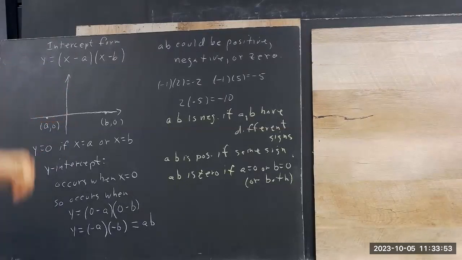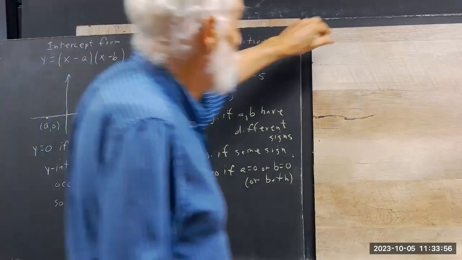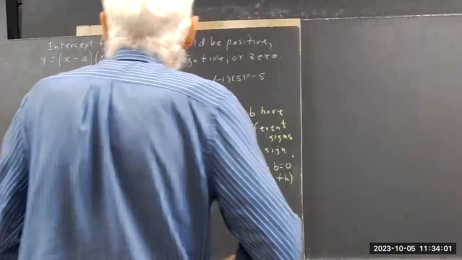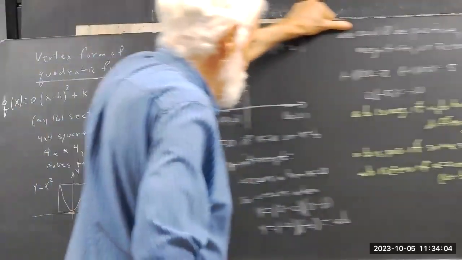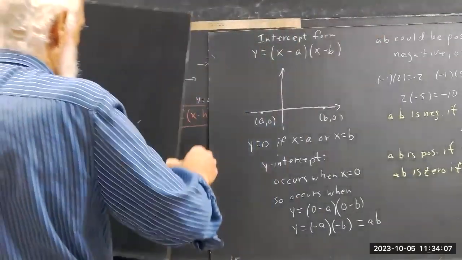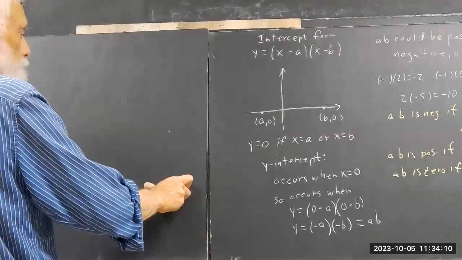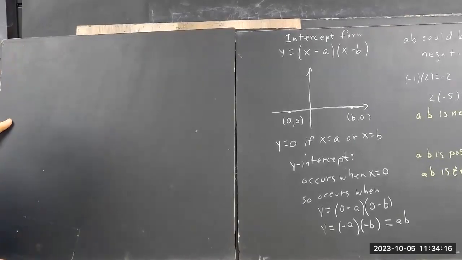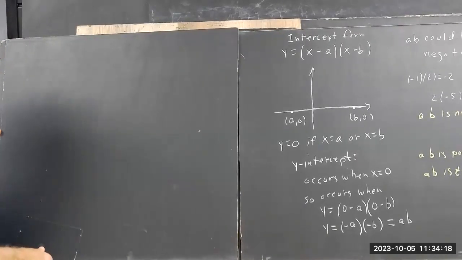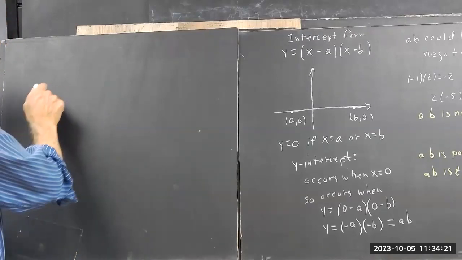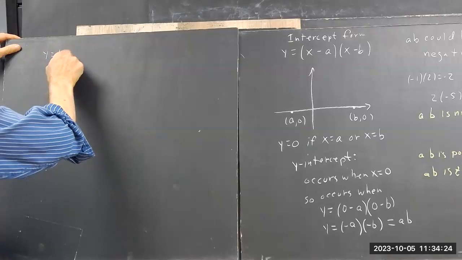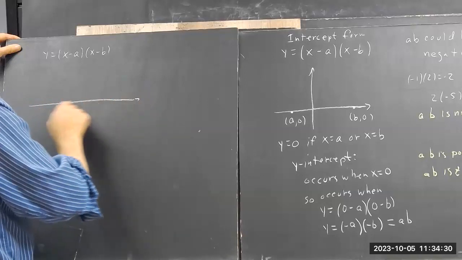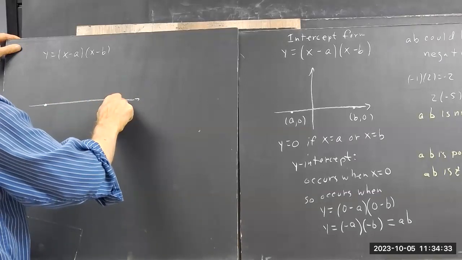Okay, and let's look at three possible cases. Again, we have y equals x minus a times x minus b. So somewhere here we have a and we have b.